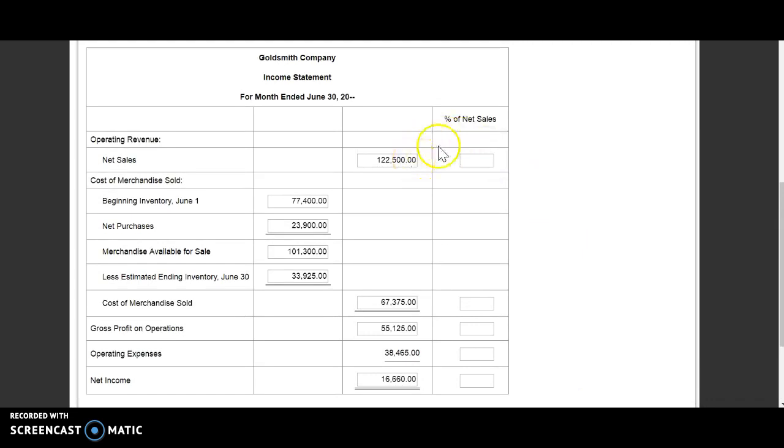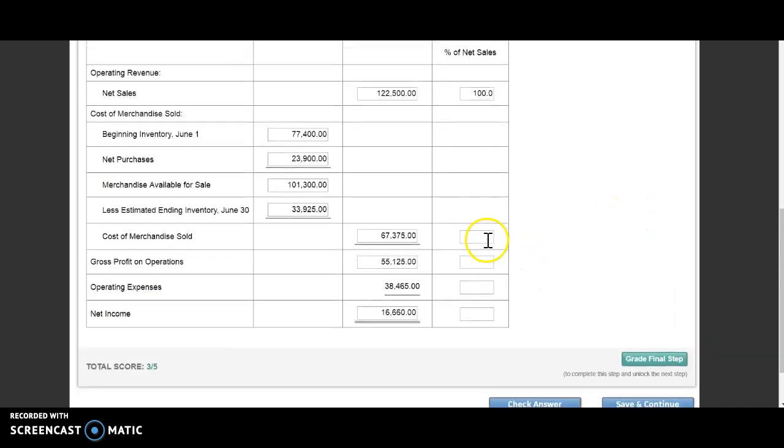Okay, so the last part then is we need to figure out our percentage of net sales. So remember when we do that, our net sales is always going to be at the bottom. We're going to divide. So here we're just simply taking net sales divided by net sales, which will give us 100%. Now remember on this too, we're going to round to the nearest 0.1%. So we need to put that 0.0 in, otherwise it will count it wrong.